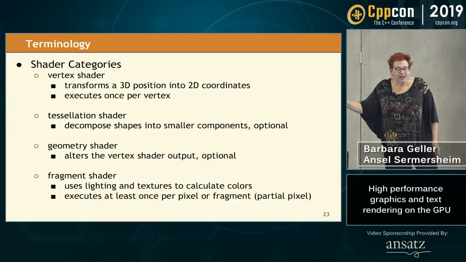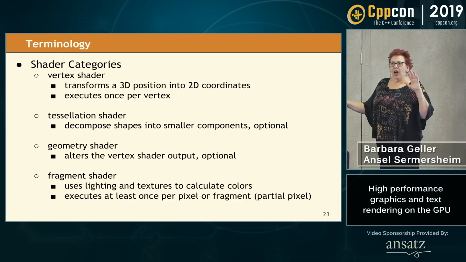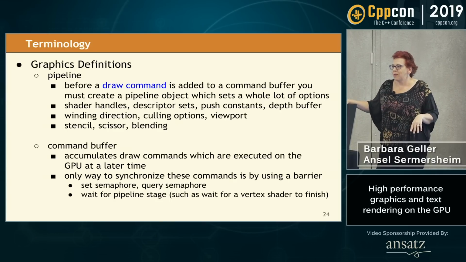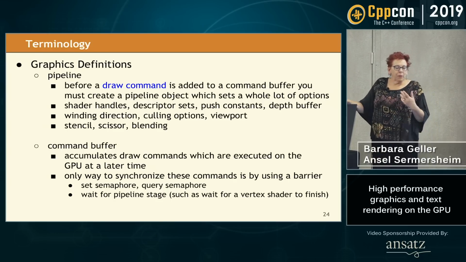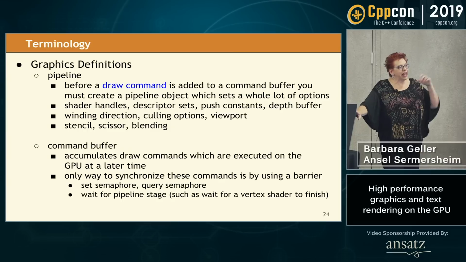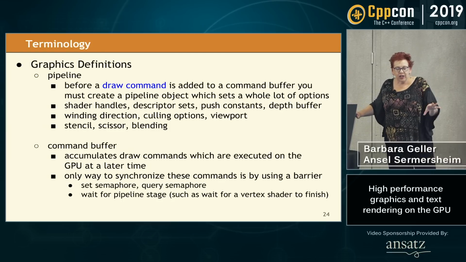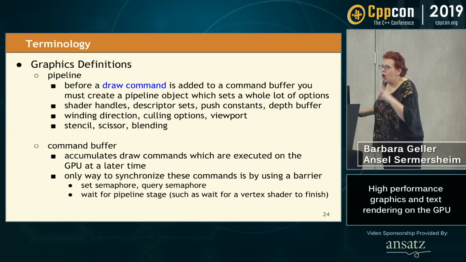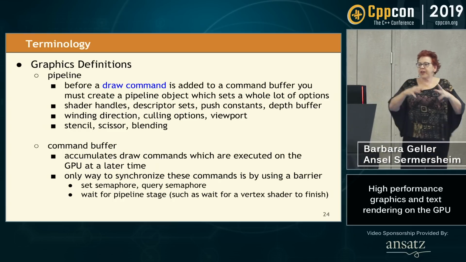There's a pipeline. And the pipeline has a connotation of, well, I just put everything in the pipeline and it works. Sort of. But a pipeline is what you need to set up. And again, this is what we have abstracted in CS Paint. And there's a lot of information, as you can see, the shader handles, the descriptor sets. All of this information is configuration.